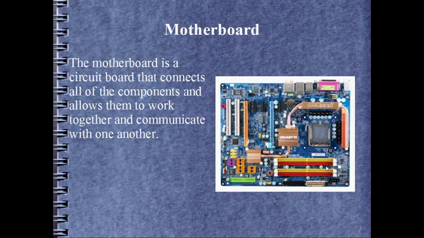Usually it's got a fan, and it connects in right here, somewhere. One of these connectors has a fan, and it blows air all throughout and cools the heat sink.